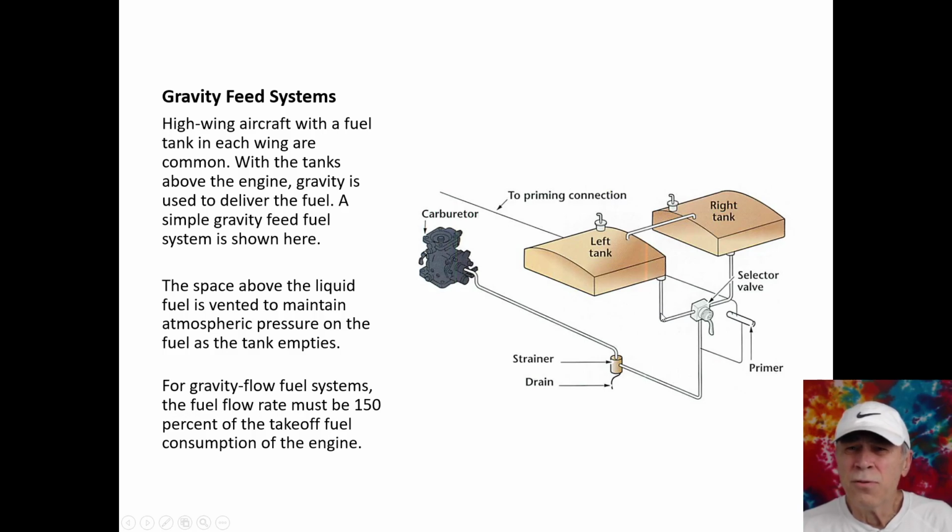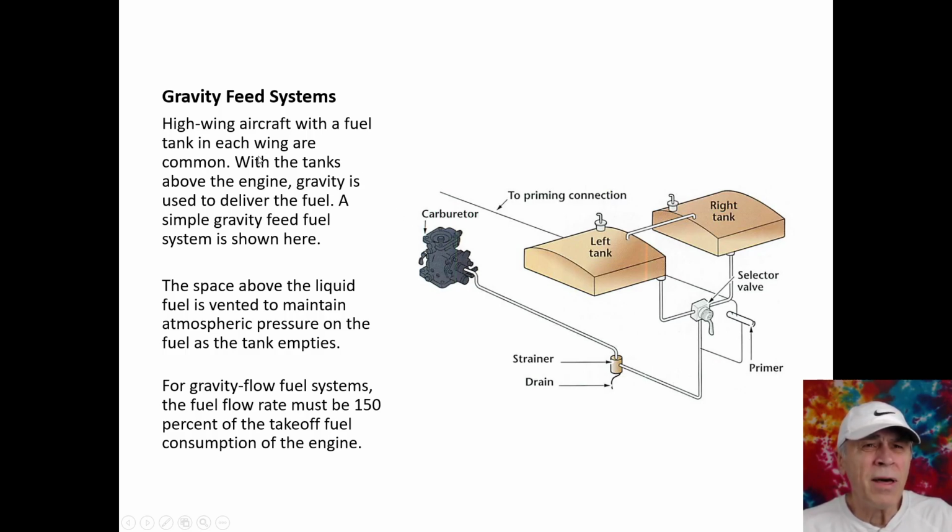So the fuel goes down through a selector valve, and it's eventually going to get to the engine back here, but it's basically all a downhill type flow. You can see there's a strainer, a drain, and a primer, which we can talk about in a little more detail.